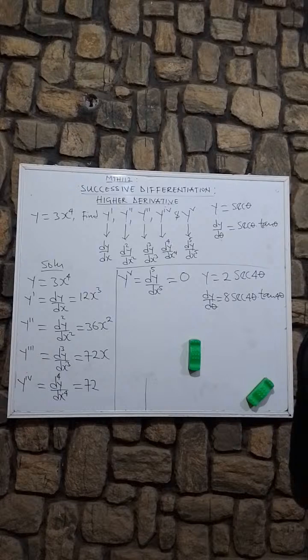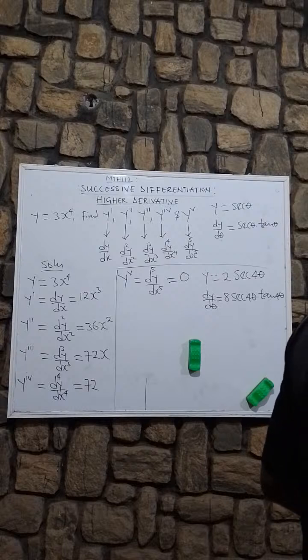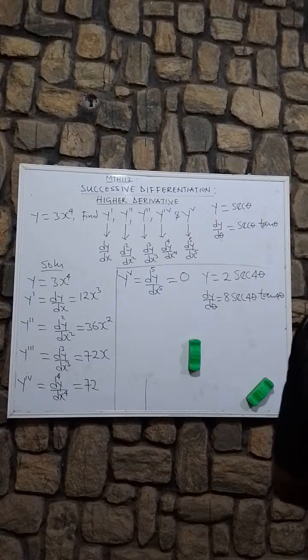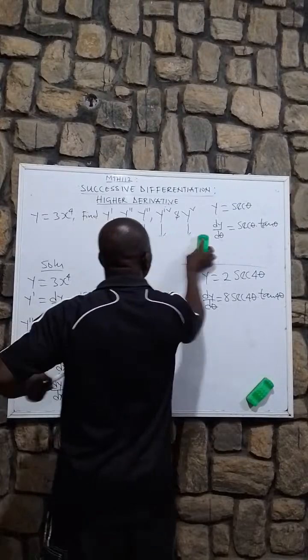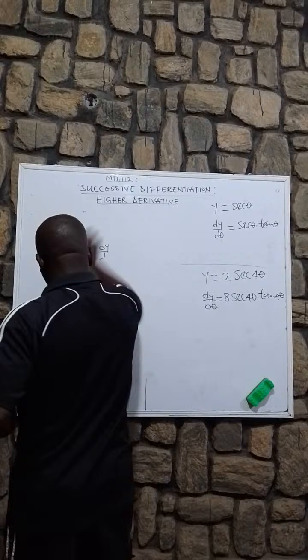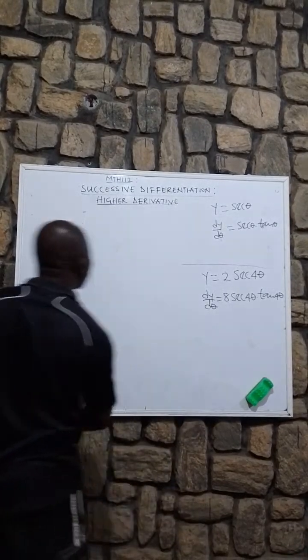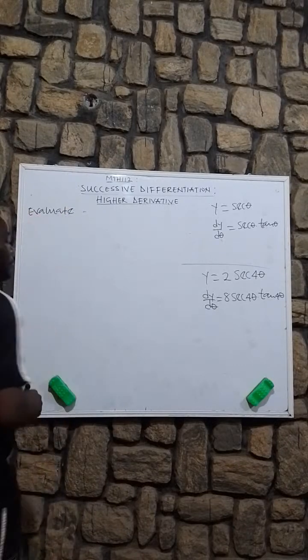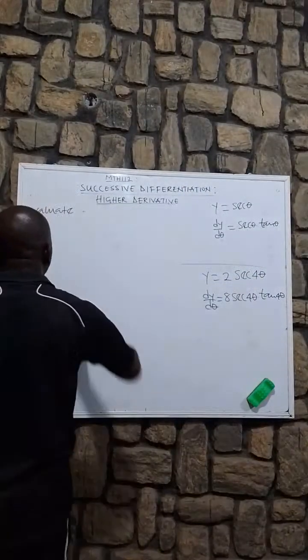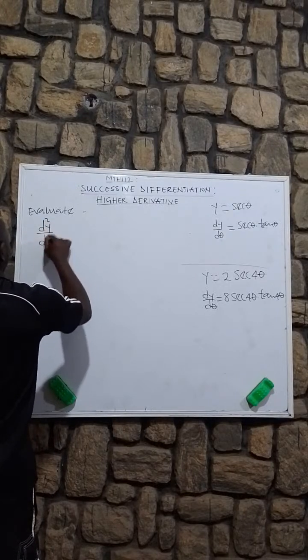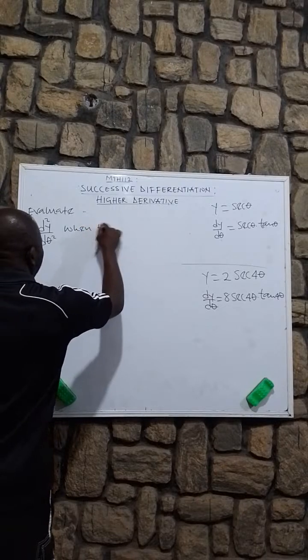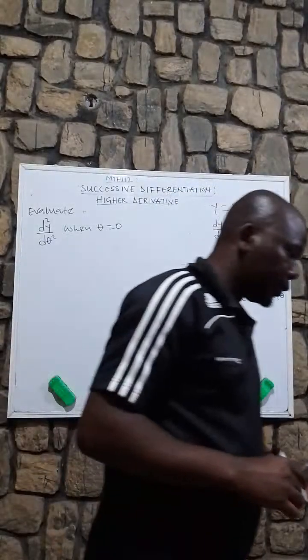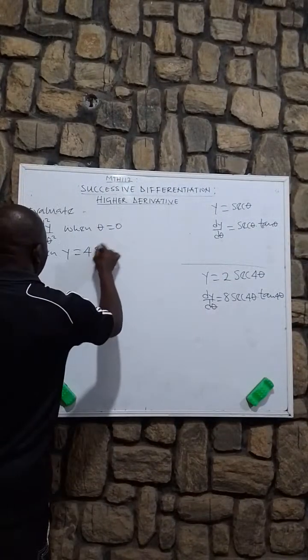So let's consider this. Evaluate d square y over d theta square when theta equals 0, given y equals 4 sec 2 theta.